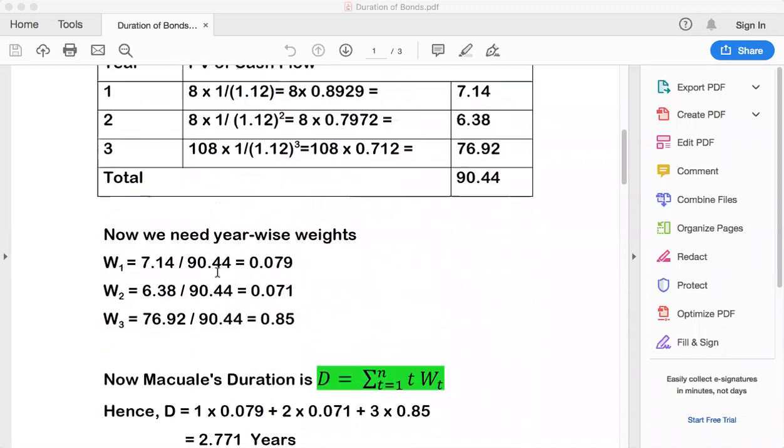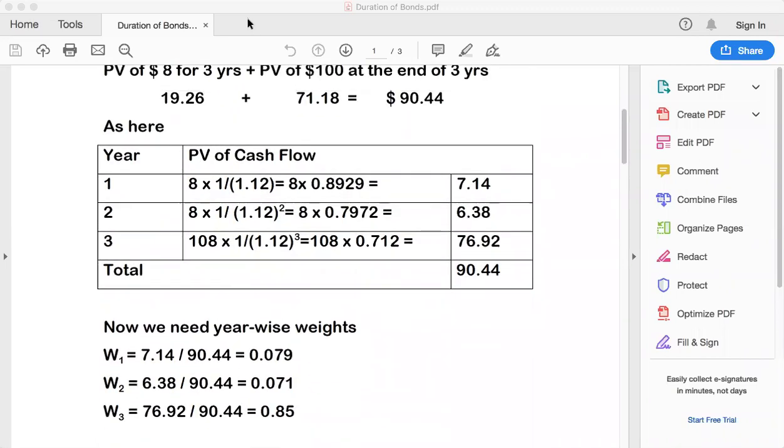Now what's exactly happening here is not difficult to understand. See, this bond is paying some amount every year in addition to its terminal amount. What does this mean? This $8 you are getting at the end of year one, another $8 at the end of year two, and another $8 along with the terminal value, right?